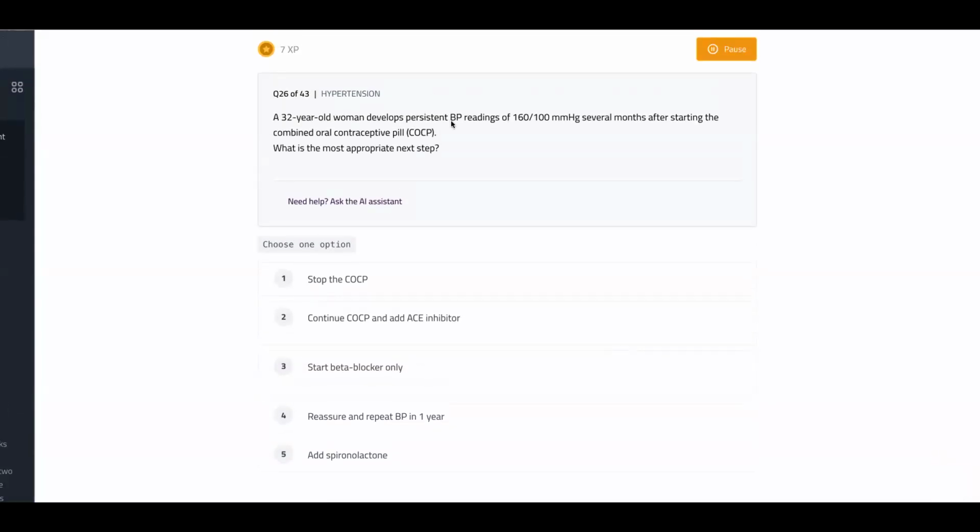A 32-year-old, blood pressure 160 over 100, several months after starting combined oral contraceptive. What to do?